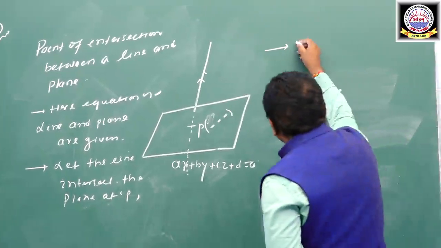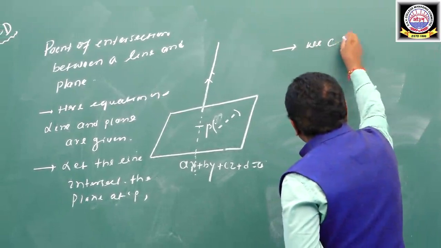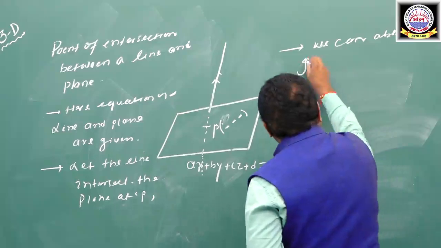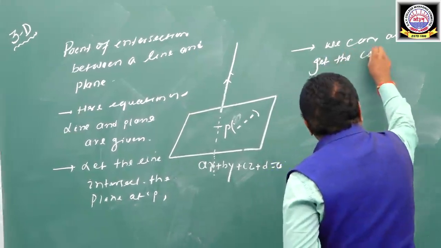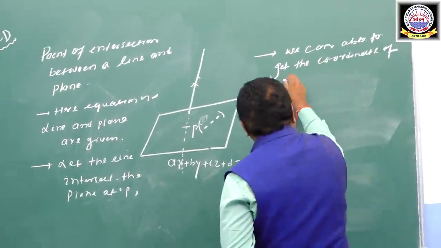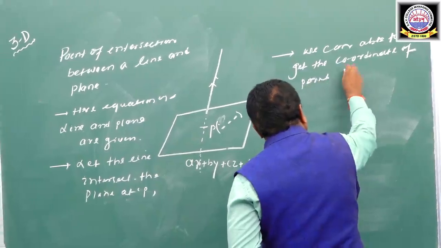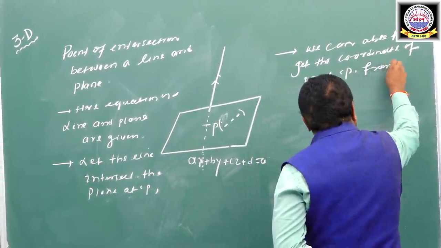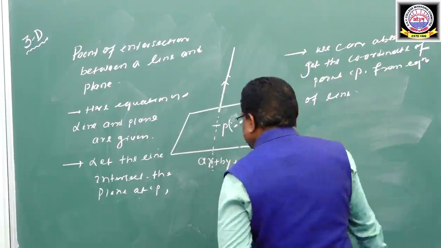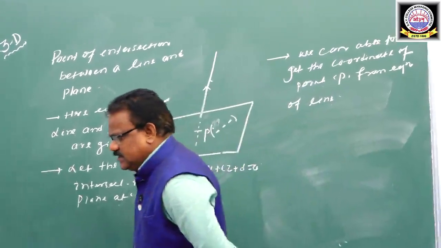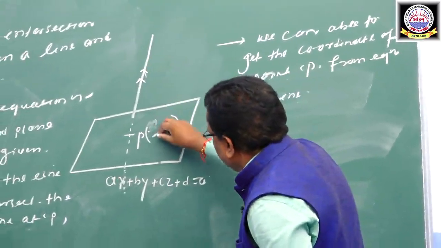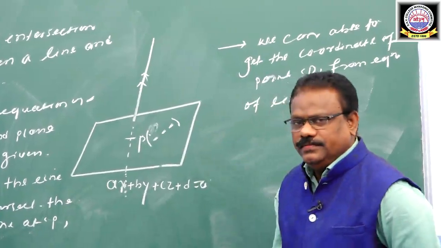So the third step I am writing: we are able to get the coordinates of point P from the equation of the line. That is step 3.